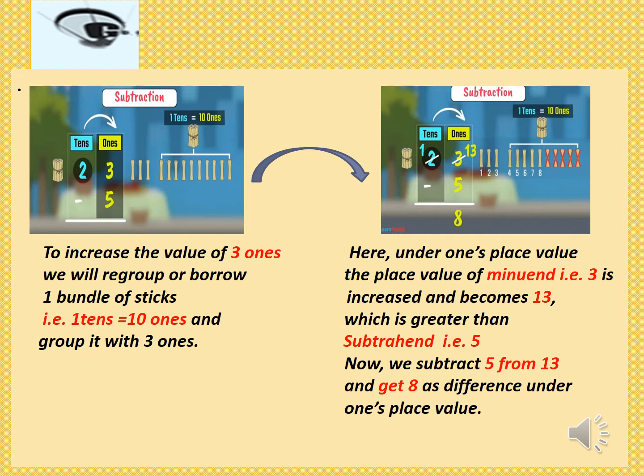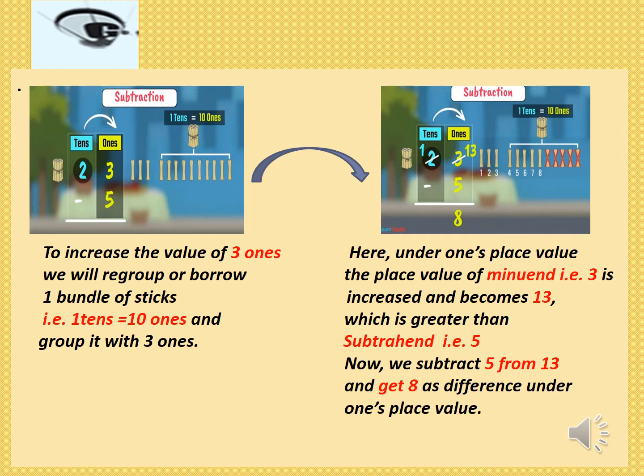So now the minuend in total is 13, which has a greater value than 5, which is our subtrahend. So students, now it is easy for us to subtract 5 from 13.